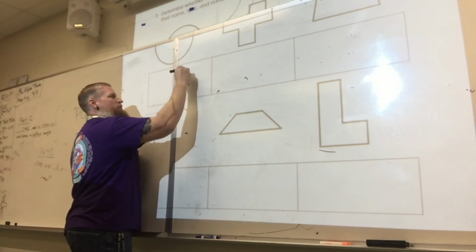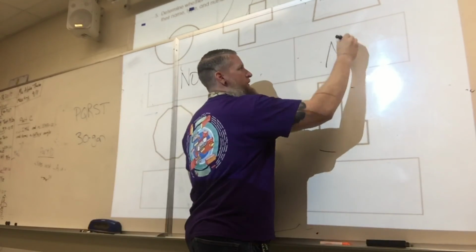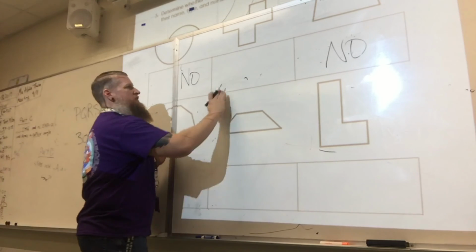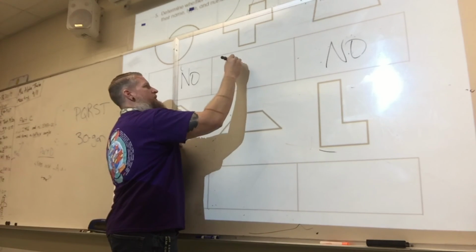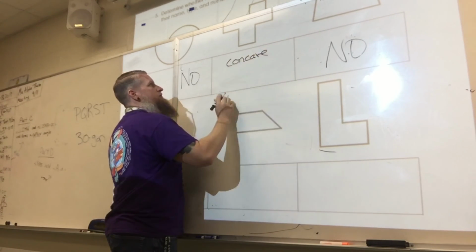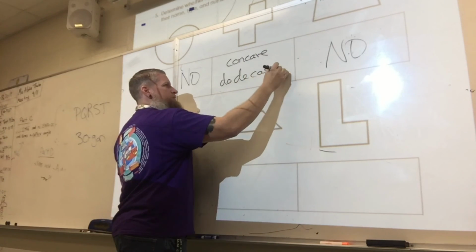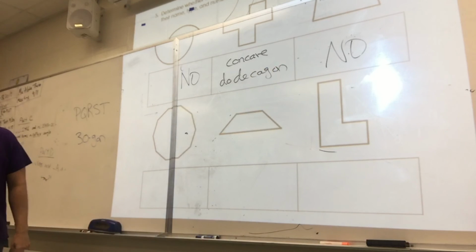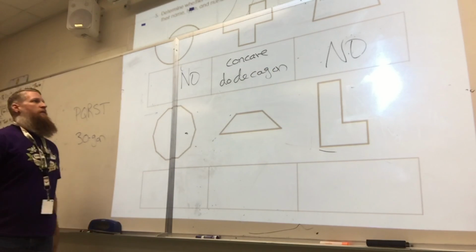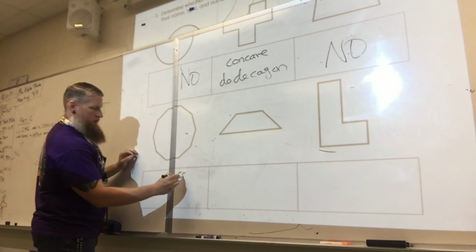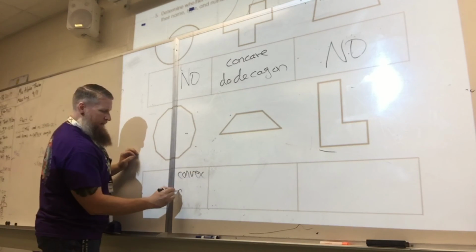Hopefully this was a big fat no. No, yeah, you agree there? Okay. This side, if you count it out, it's concave. That was a dodecagon. 12 sides there, right? There's 3 in each little cross part. If you count these up, I think this was a decagon here.